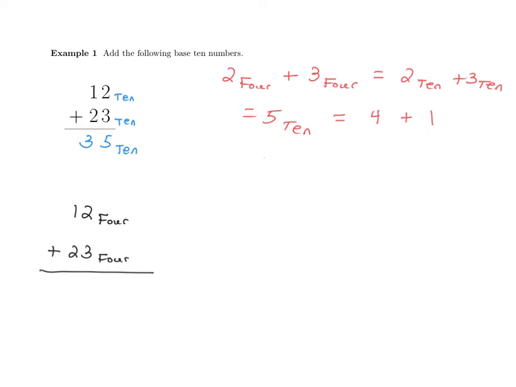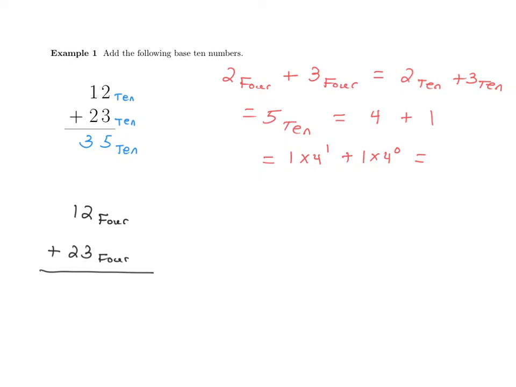To make that really explicit, you can write this as 4 to the first and put a 1 in front of it. So you can write this as 1 times 4 to the first, plus, and you can treat this as 1 times 4 to the 0 power. And the second you do this, you can now read what the base 4 digit is. That's equivalent to 5 base 10.